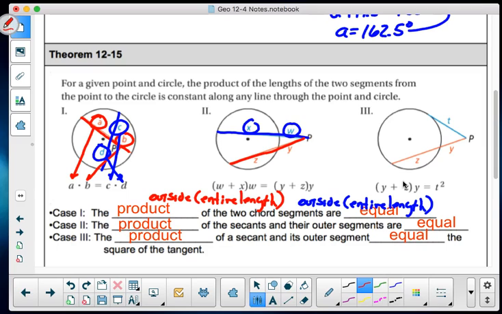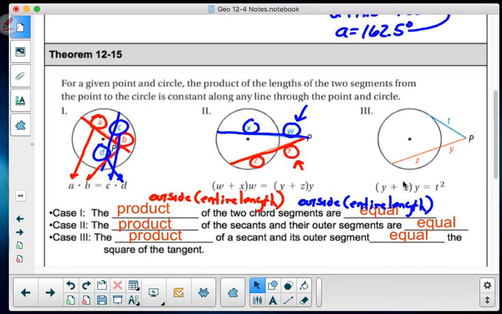And Y plus Z is the entire length of the other secant. W happens to be the outside portion of that first secant, and Y happens to be the outside portion of the second secant. So here's what it really boils down to.